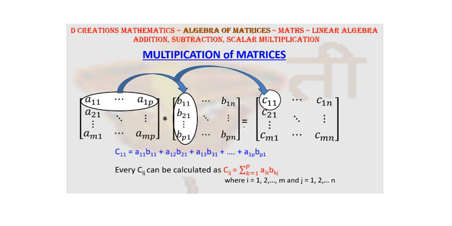So, in order to understand how this particular expression arises from this summation notation, look here. i has already been fixed to be 1 and j has already been fixed to be 1. First entry will be for k is equal to 1. So, A11 into B11. Isn't it the same?